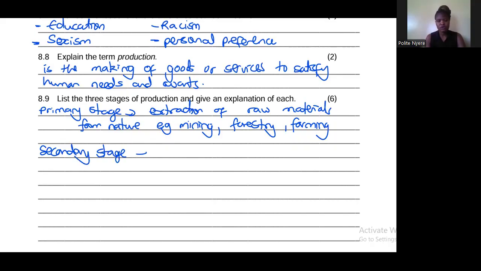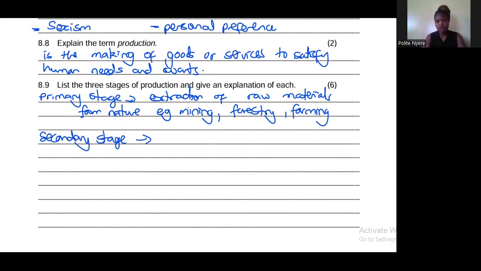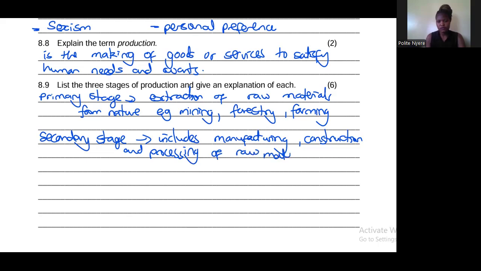Then number 2 is the secondary stage. The secondary stage of production includes manufacturing, construction, and processing of raw materials into finished and semi-finished goods.